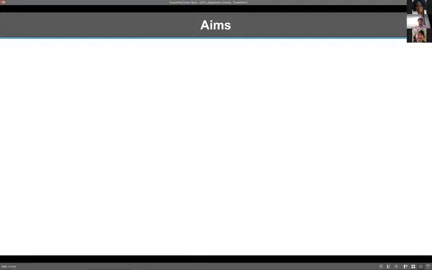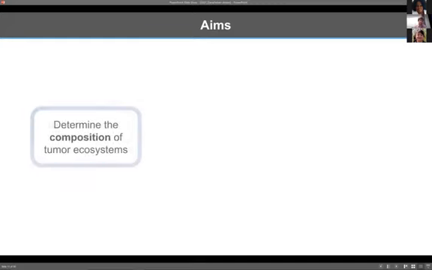So now coming back to the aim to gain a comprehensive view on the tumor ecosystem, what do we have to achieve? What are our aims to do this, for example, in breast cancer? First, we need to determine the overall composition of tumor ecosystems. Everyone talks about tumor heterogeneity, but very little work has actually been done to comprehensively describe cellular heterogeneity in tumors.